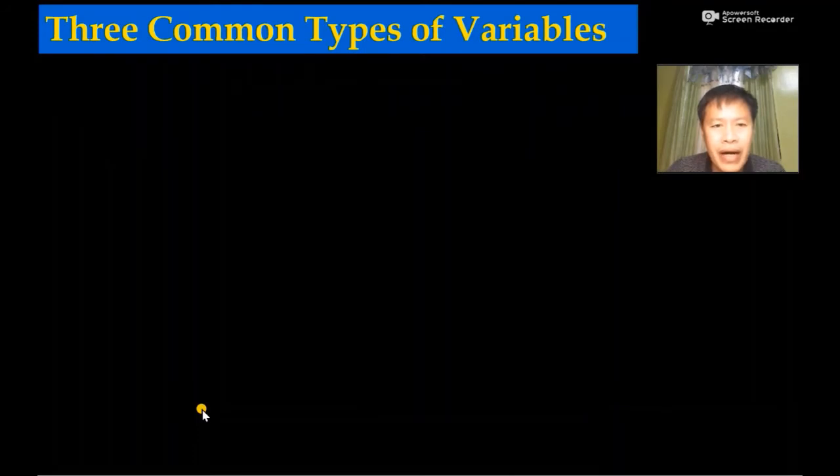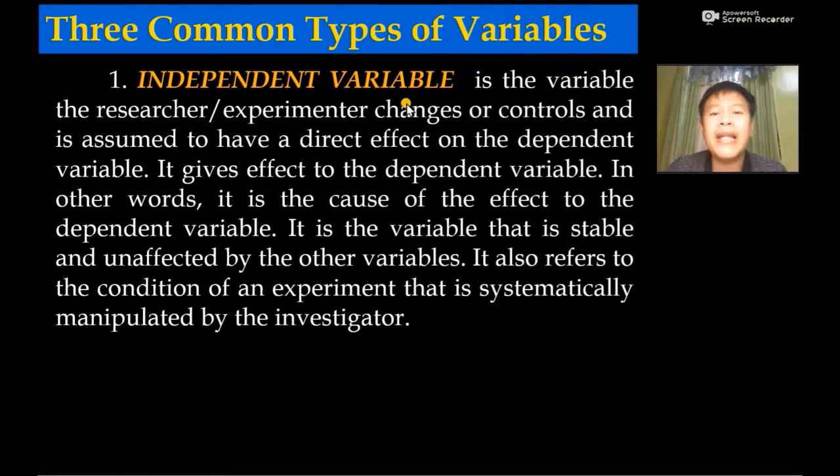We will proceed with the three types of variables. The first one is the independent variable. The word independent means can stand alone. Independent variable is a variable that does not receive an effect of the dependent variable. Instead, independent variable causes effect to the dependent variable.